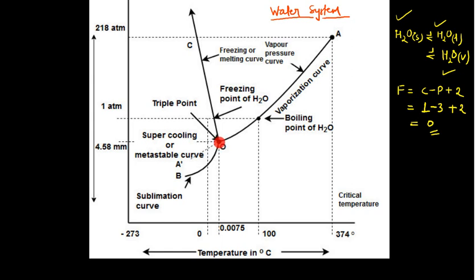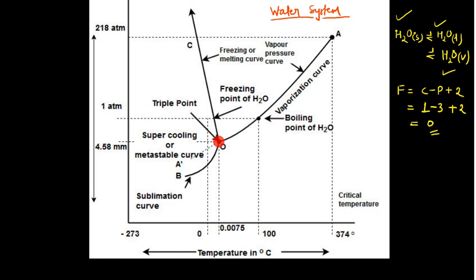What is the meaning of that? The meaning of 0 degrees of freedom is that you cannot vary anything. You need to specify the temperature and you need to specify the pressure.